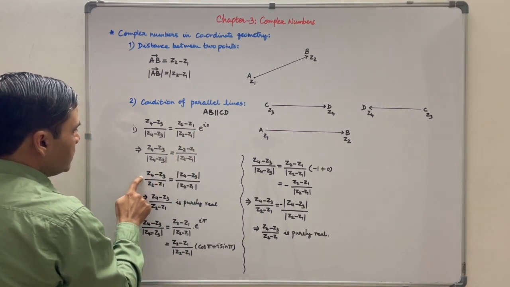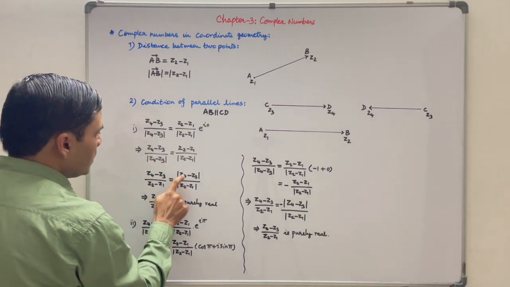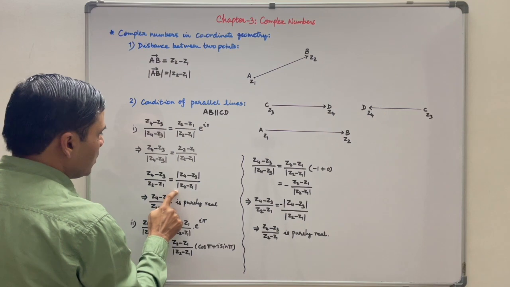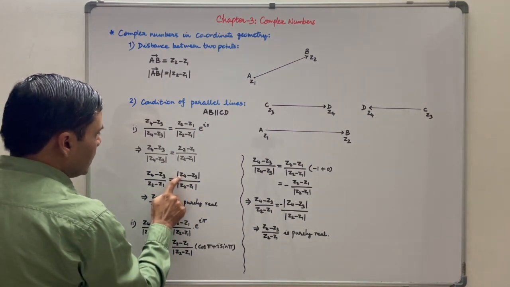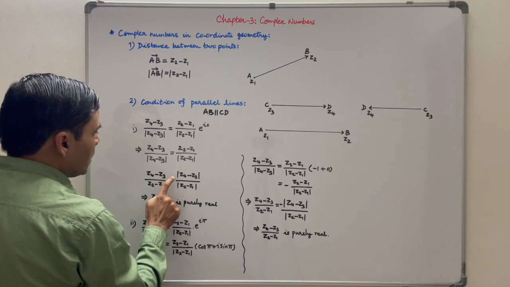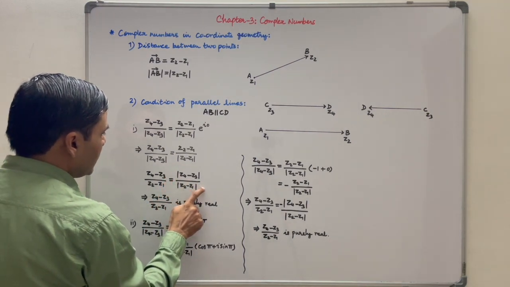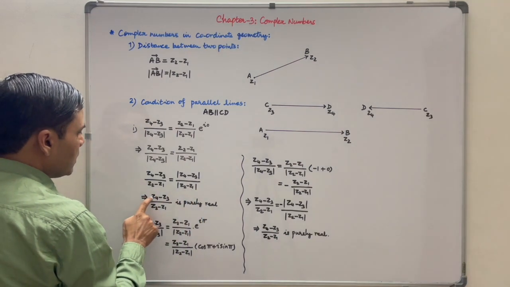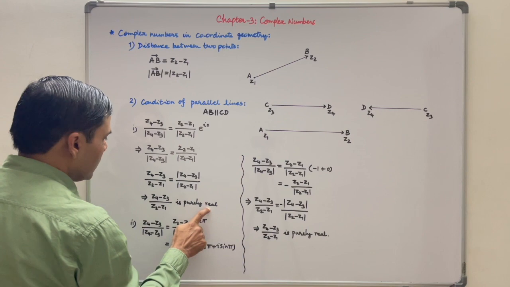So we get z4 minus z3 upon z2 minus z1 is equal to mod z4 minus z3 upon mod z2 minus z1. Mod is always positive and real. So mod of this upon mod of this will be real, or right hand side will be real. So the condition is z4 minus z3 upon z2 minus z1 is purely real.